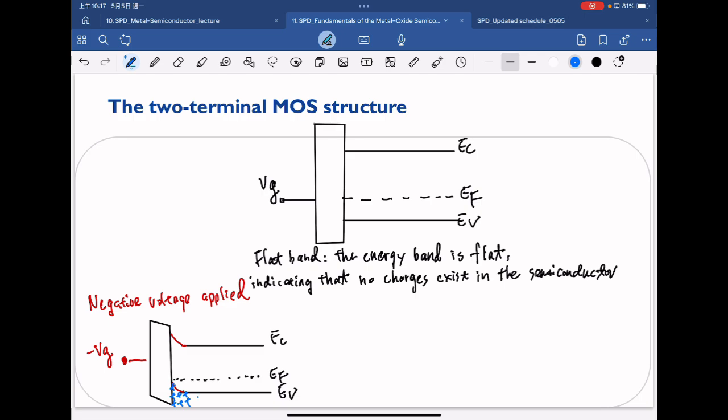So this also suggests we start to see the hole accumulation.